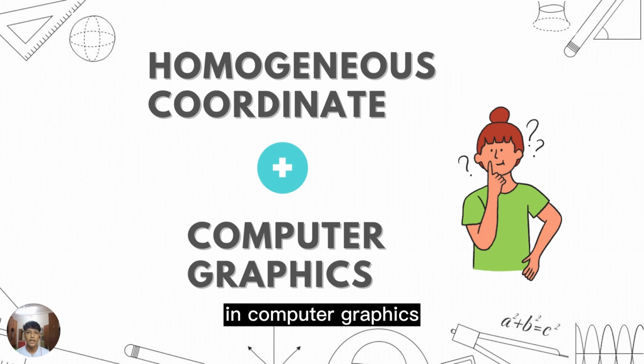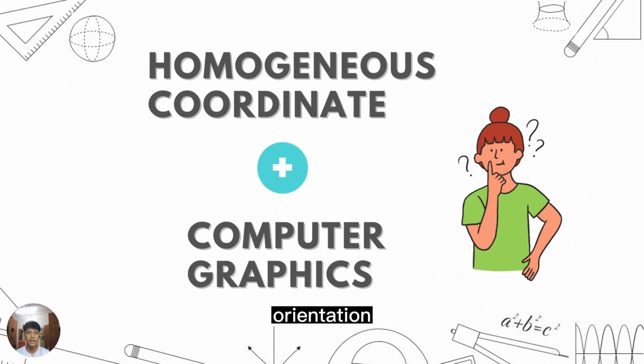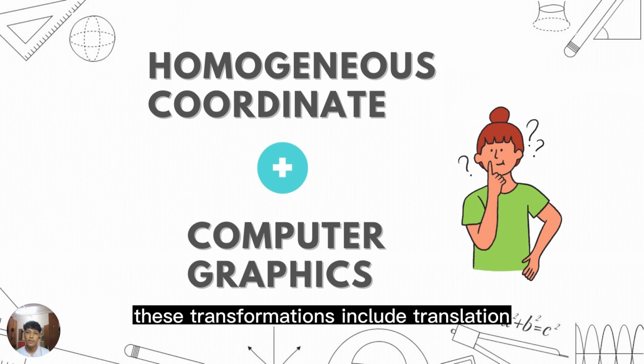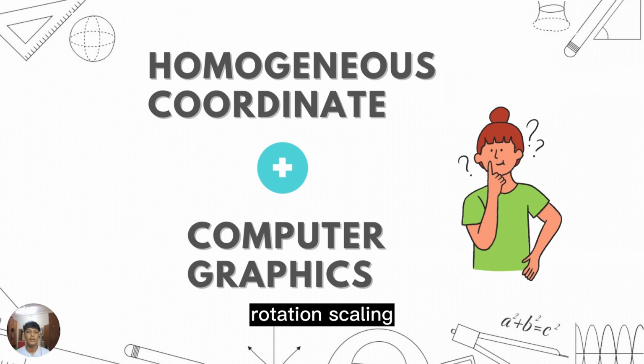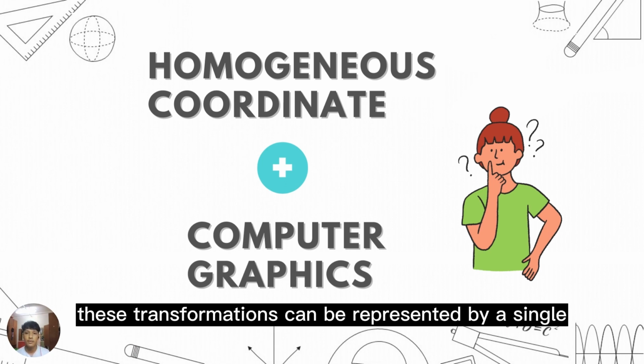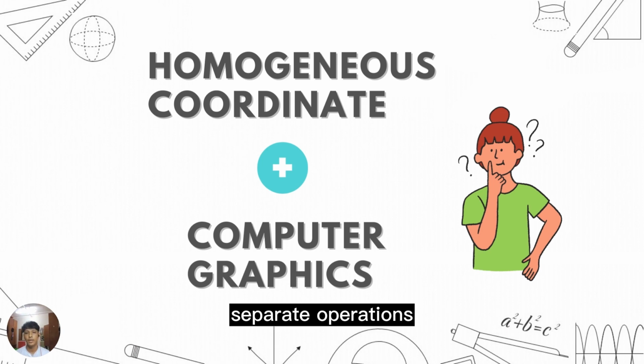In computer graphics, geometric transformations are used to manipulate the position, orientation, and scale of objects in a scene. These transformations include translation, rotation, scaling, and many more, which will be explained later in this video by my teammates. By representing points and vectors using homogeneous coordinates, these transformations can be represented by a single matrix multiplication rather than having to perform multiple separate operations.